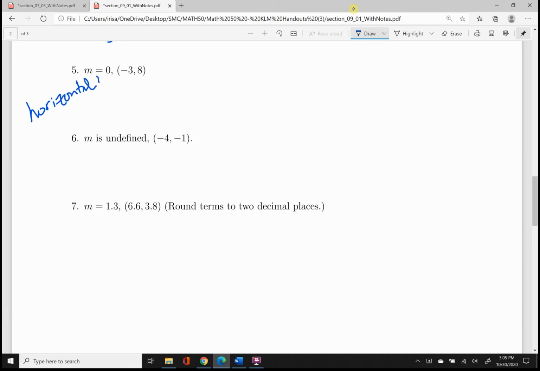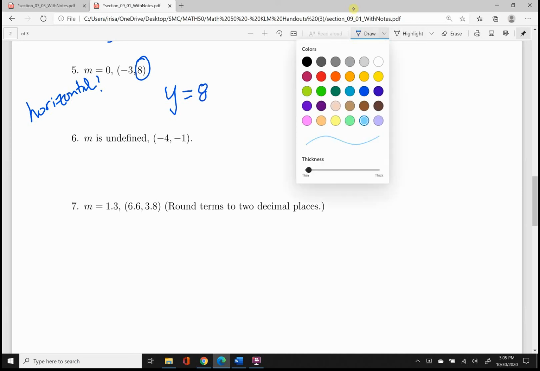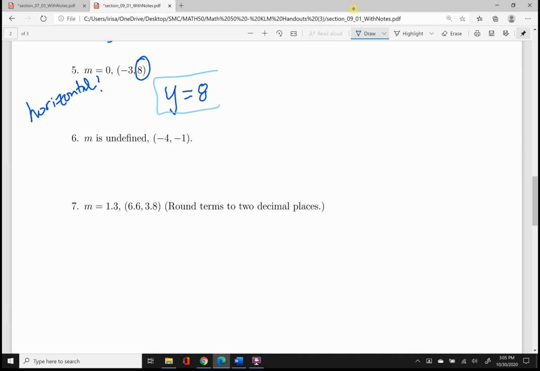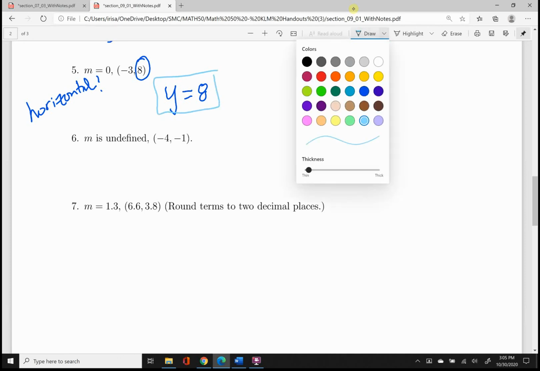So I'll say it's horizontal with an exclamation point. And horizontal lines always have the form y equals some number. What number? Whatever the y value is of the point it's supposed to go through. So therefore y equals 8 is your equation, and it's literally that quick and easy, so long as you know the trick.